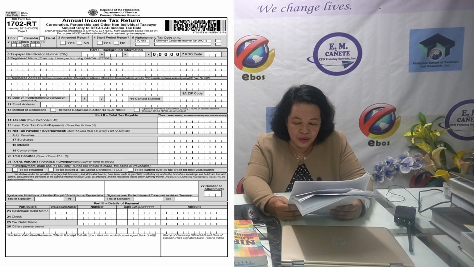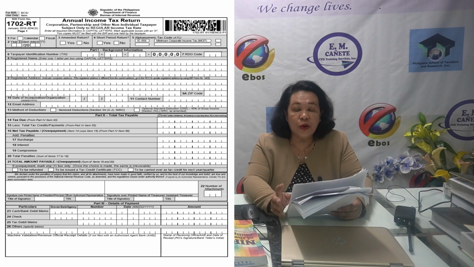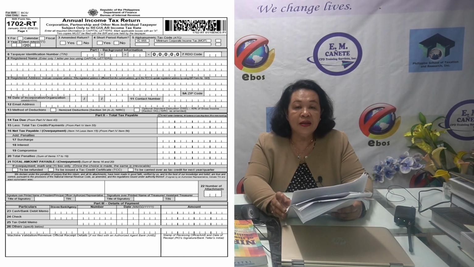If signed by an authorized representative, indicate tax identification and attach authorization letter. Since this is a corporation, authorization letter means secretary's certificate and board resolution.